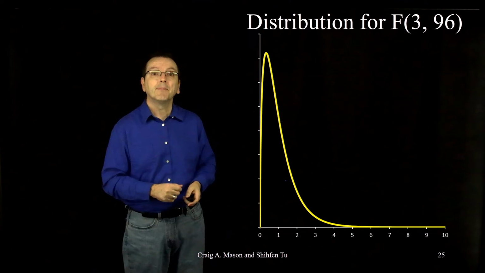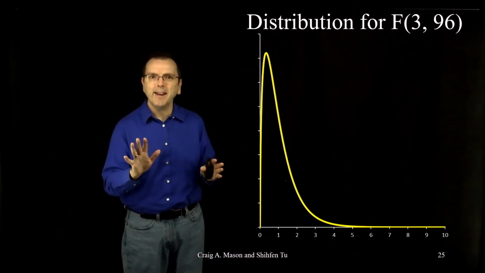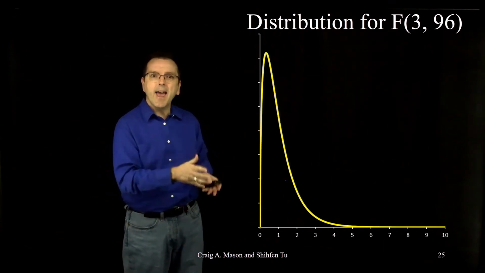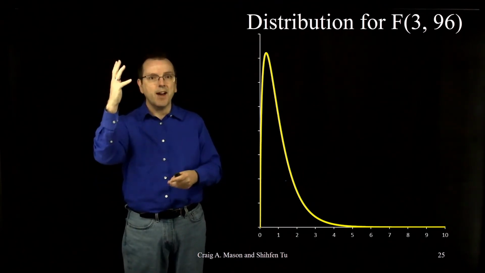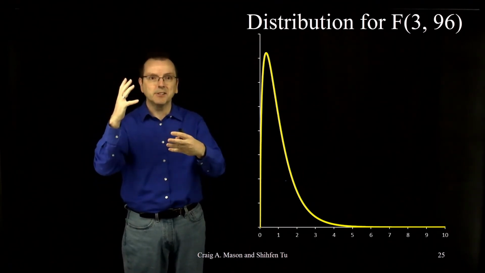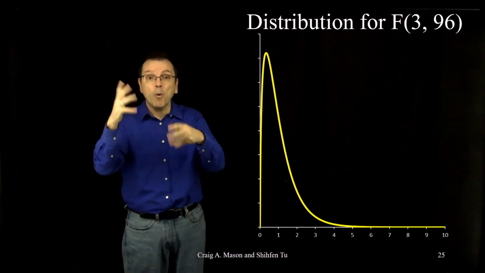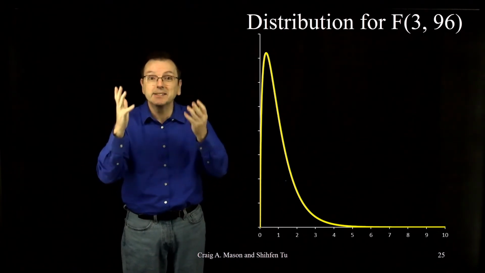Great. And while we're at it, also remember that F can't be negative because it's one variance divided by another variance. Given variances are squared values, they must be positive.